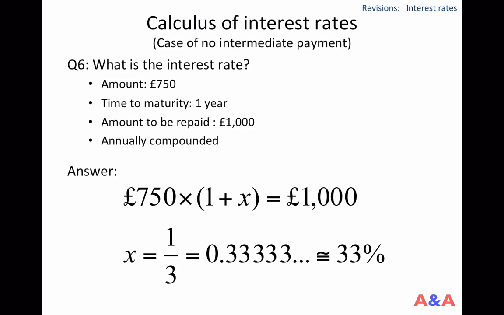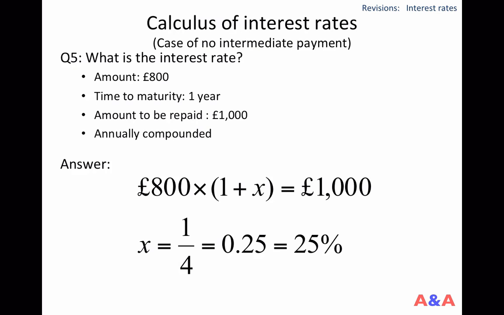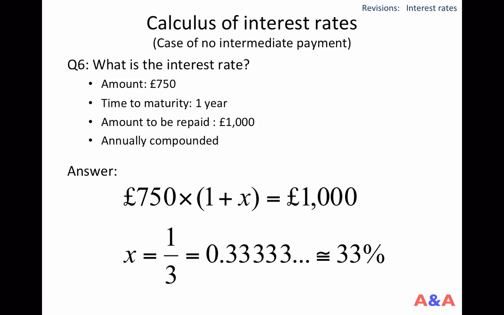I'll come back to Q5 and Q6 in a future class. I want you to keep these numerical examples in mind. In Q5, you borrow £800 to repay £1,000 in 1 year, and in that case, the annual interest rate you face is 25%. In Q6, you borrow only £750 to repay £1,000 in 1 year, and in that case, it means that the interest rate you face is now much higher, that's 33% per year.